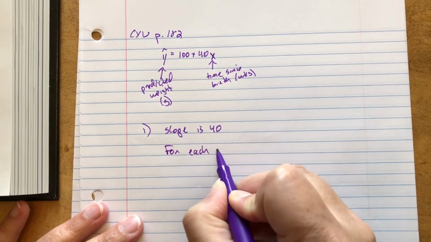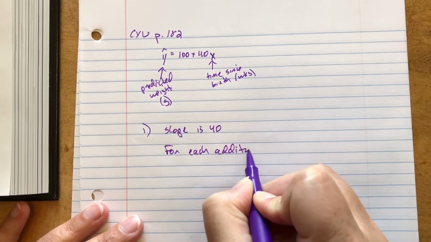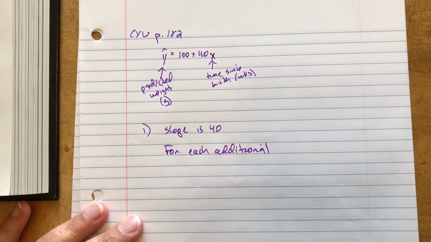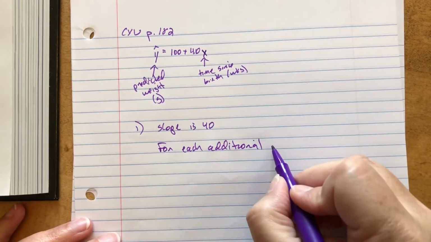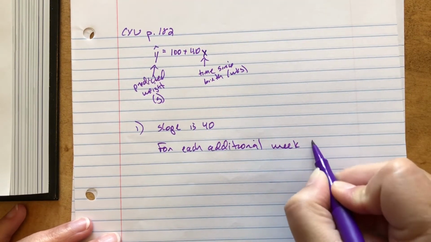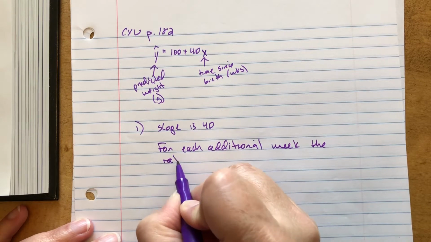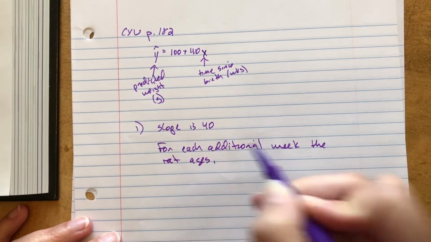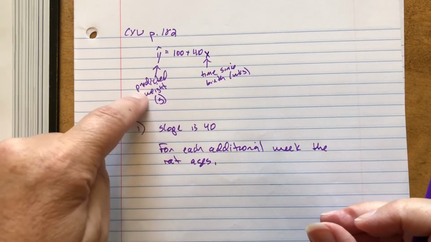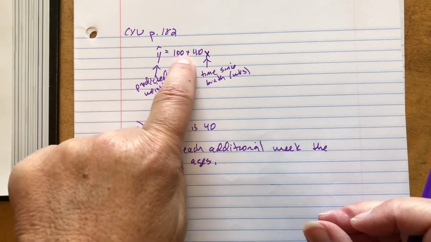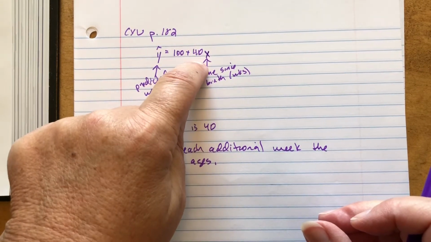So for each additional week that the rat ages, I predict the rat's weight will increase, because that's positive, by 40 grams.